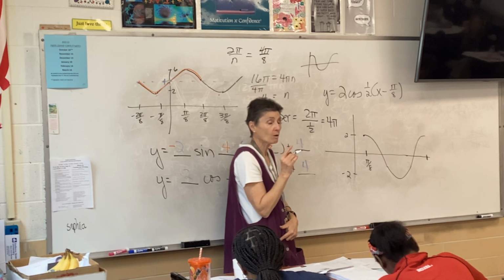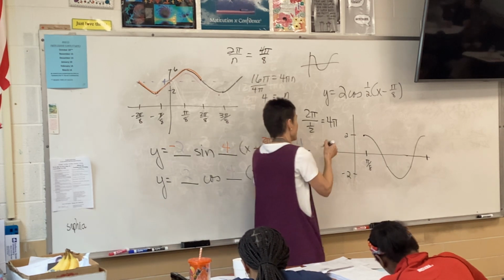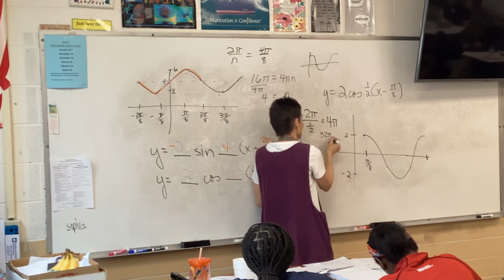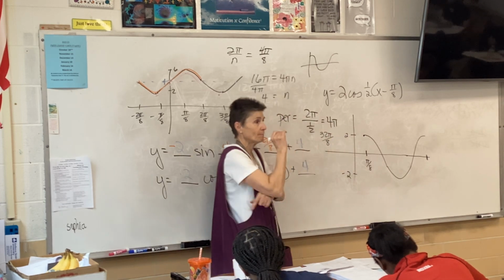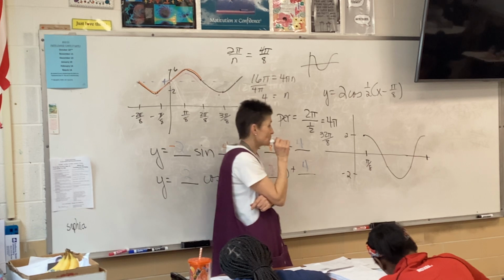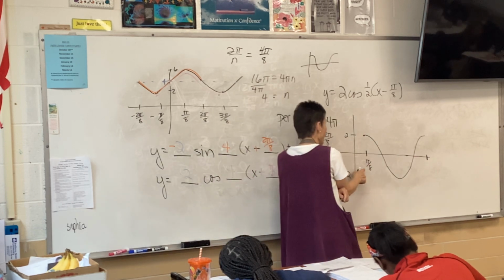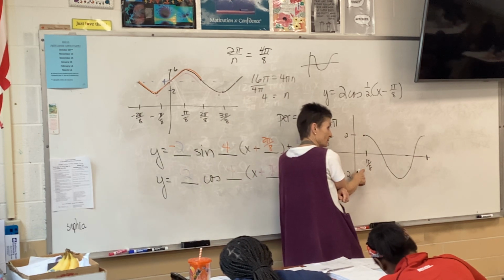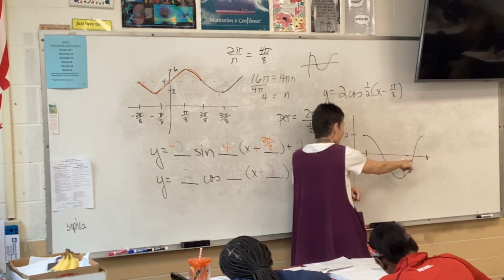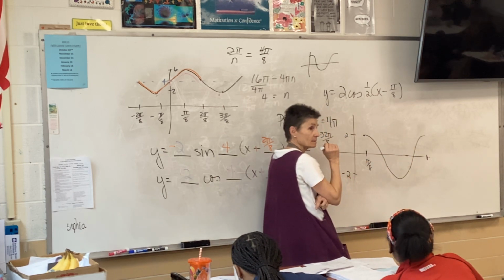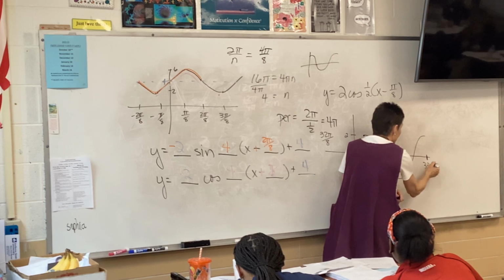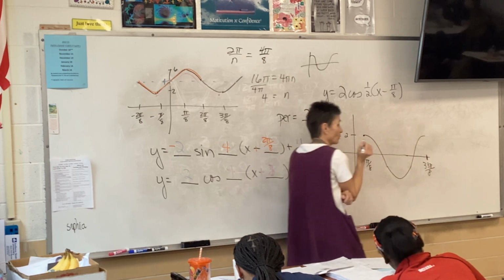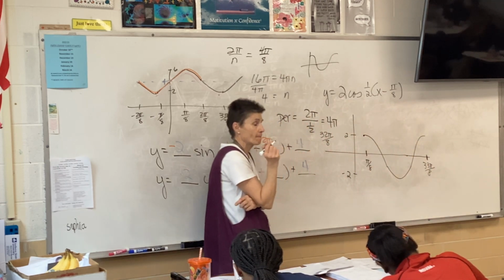Now, 4 pi is 32/8. Would you agree with that? So I'm gonna start at 1/8 and add 32/8. So I'm gonna be at 33/8. That's where I'm gonna stop drawing, at 33/8.